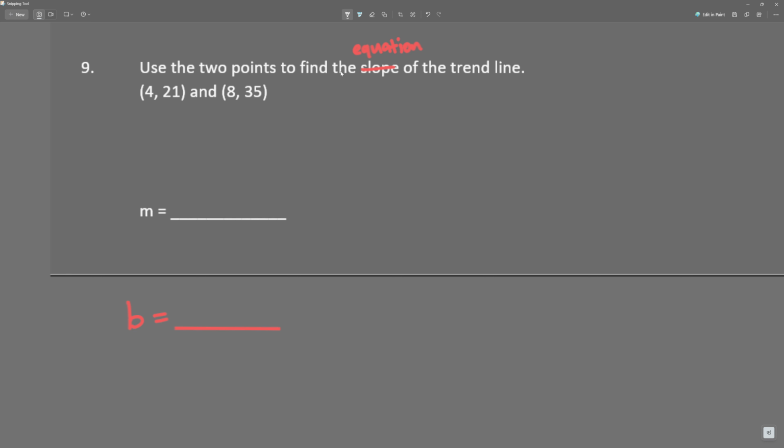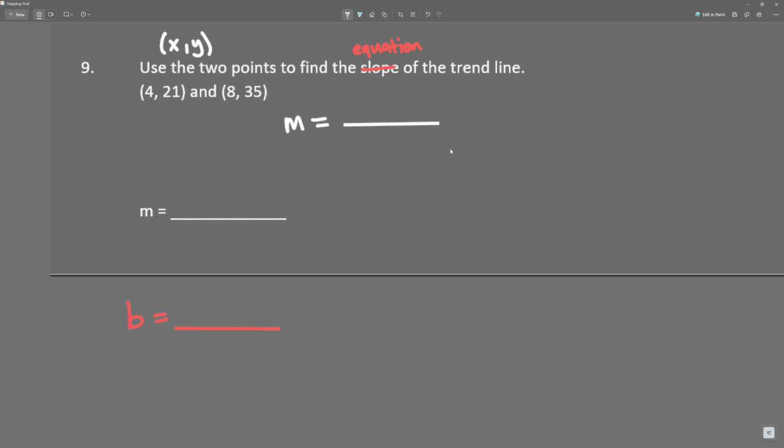Remember, our ordered pairs are always of the form x comma y. So 4 is an x value, 21 is a y value. 8 is an x value, 35 is a y value. When I do my slope formula, big fraction bar, this is just going to turn into two small subtraction problems. I'm going to start by subtracting my y's.